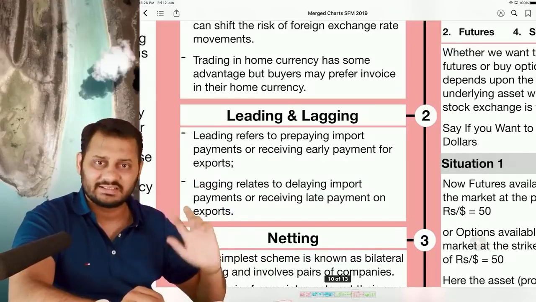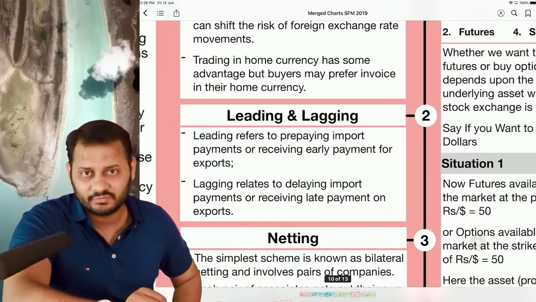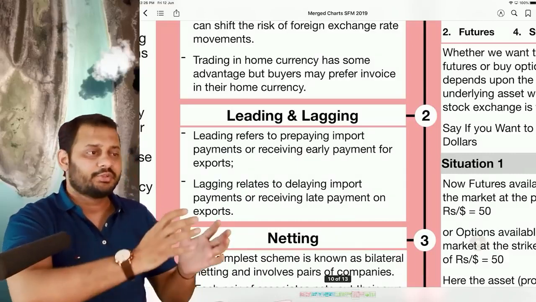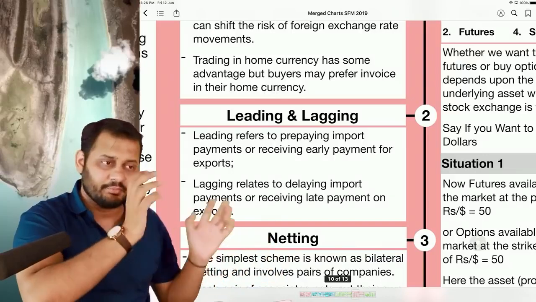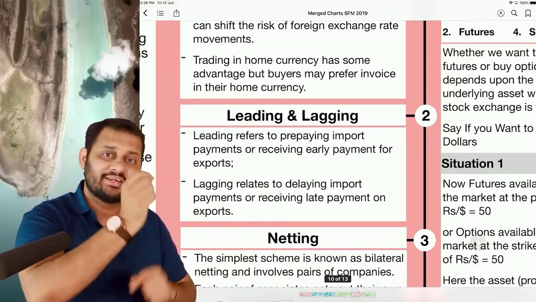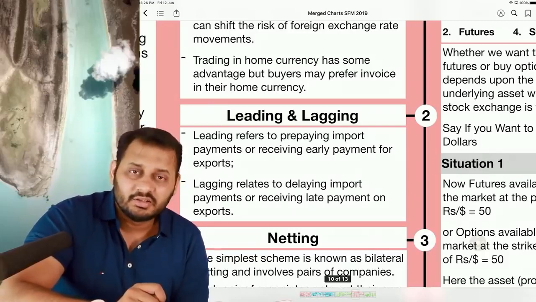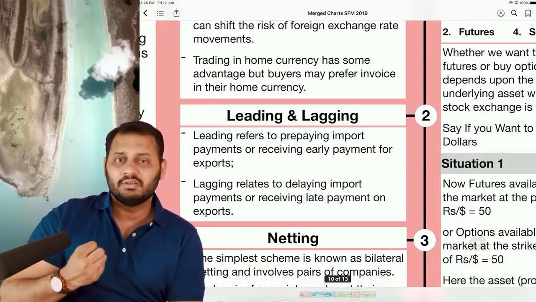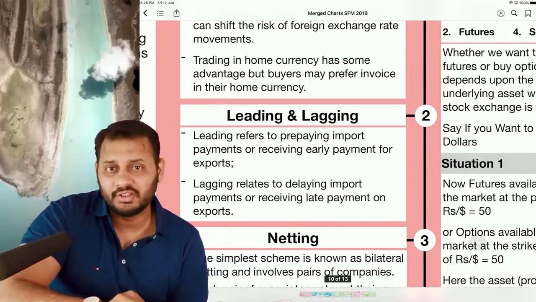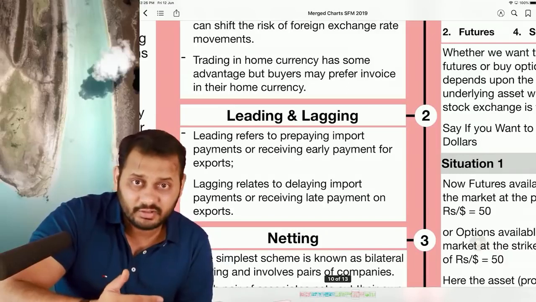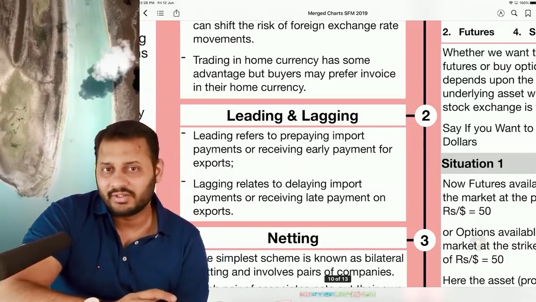So add interest in that, and it becomes the 3 months cash flow. So one option is whether we should lead, and the other option is whether we should not lead. In both options, find out the cash flows at the end of 3 months only, and then decide whether you have more receivable or more payable. In whichever option you have more receivable or less payable, that option is preferable. Only then you will go for leading and lagging.